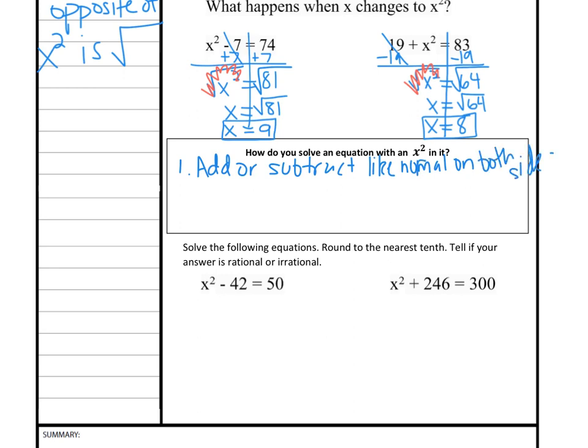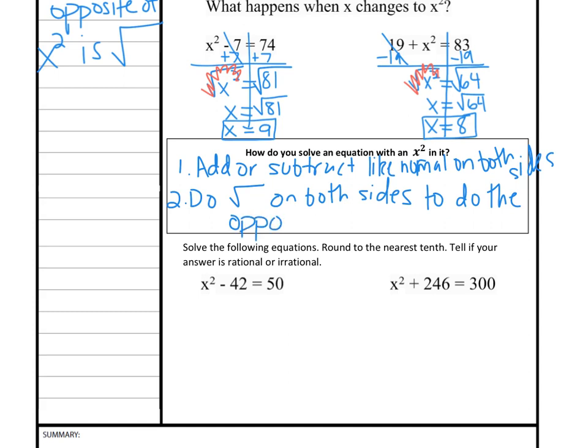Then we do the square root on both sides, of course, always doing it on both sides, which was to do the opposite of x squared. So let me read that one more time. Do the square root on both sides to do the opposite of x squared.